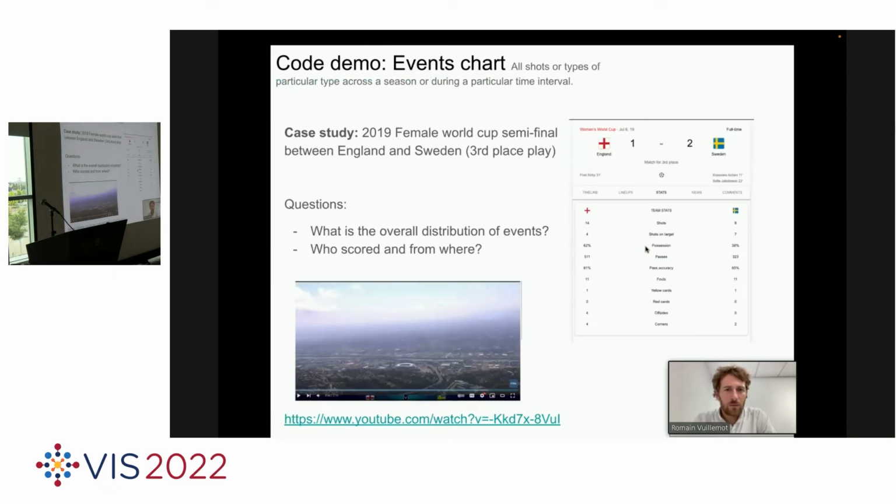So the first code demo we're going to do is what's called an event chart. Sorry. So an event chart is created using all the shots, all the events like the shots that occur during a game.